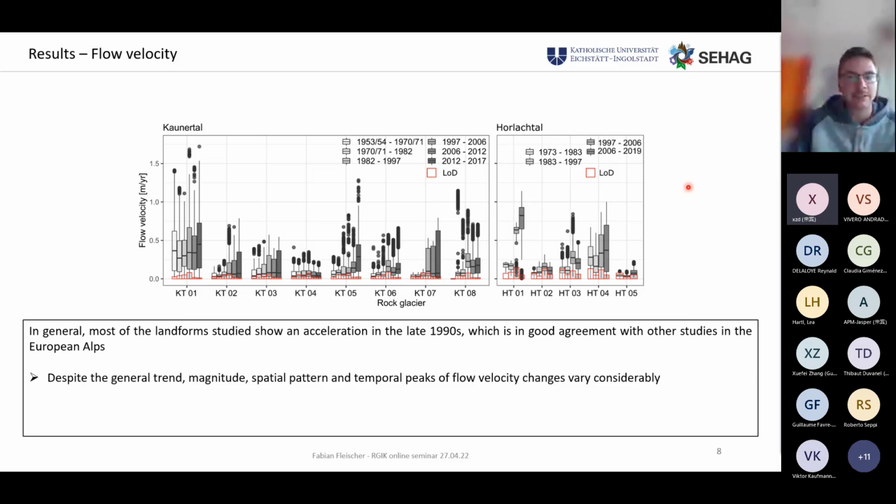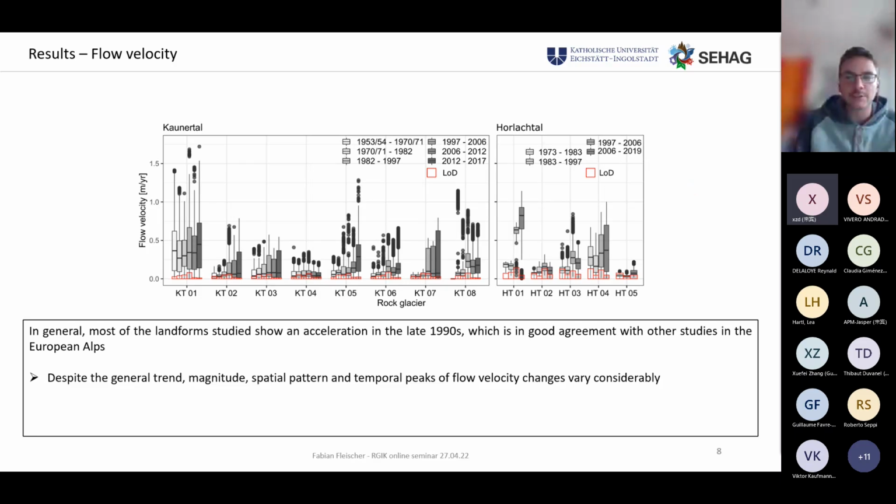As can be seen, the mean flow velocity of the rock glaciers is mostly well below half a meter per year during the entire study period. The maximum flow velocities, which were most of the time recorded at the terminal parts of the rock glaciers, are in parts quite a bit faster.